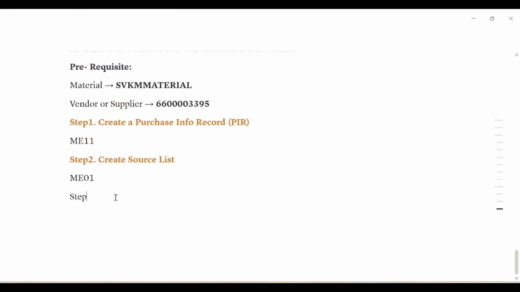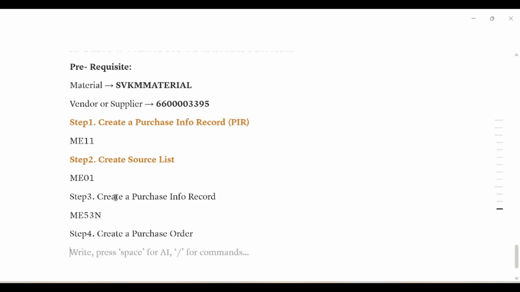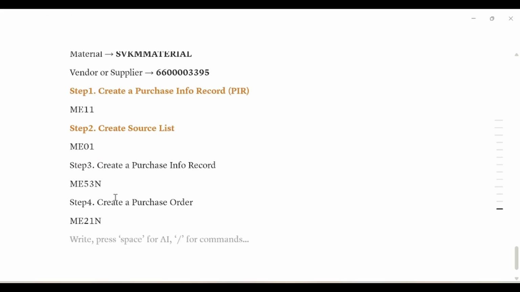Then, on the basis of that, we display the purchase info record, that is ME53L. Step 4, create a purchase order, ME21N.